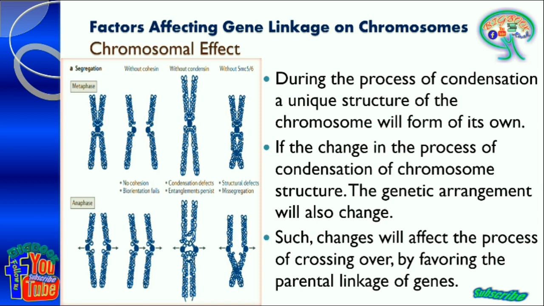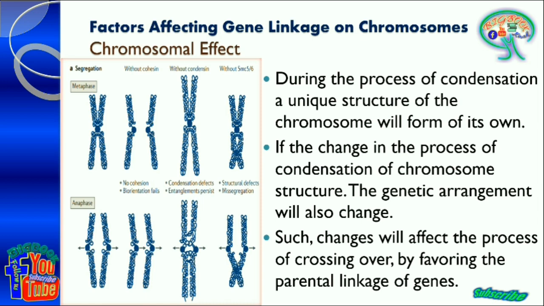If there is a disruption within this particular structural formation, there will be a disruption in the linearity formation within the chromosomes. Now here, consider the two parental chromosomes of a diploid organism, both of which have to form sister chromatids. One is in its regular form and the other is not in its regular form because of the disruption of these particular proteins.